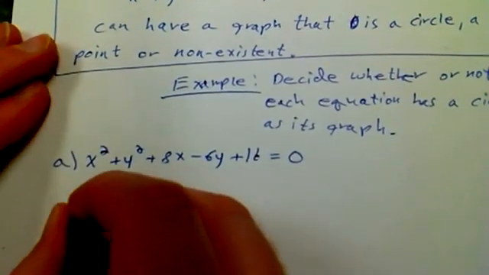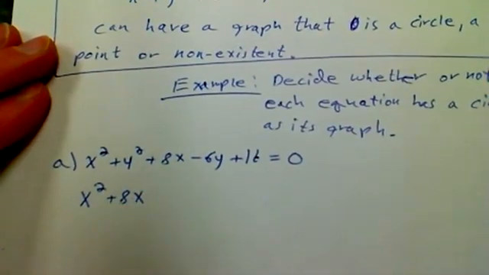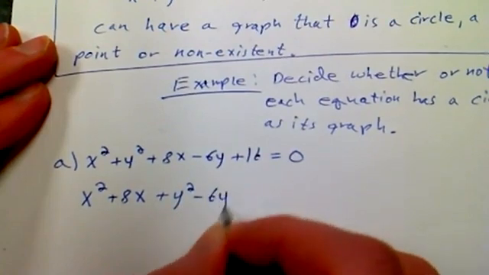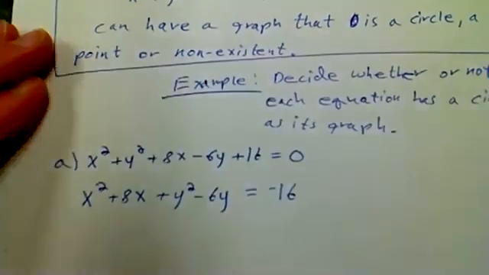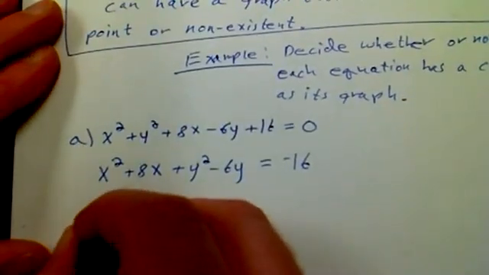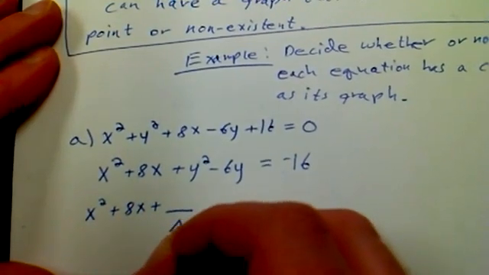So what I'm going to do is group up my x's, and I'm going to group up my y's, and I'm going to move the 16 to the other side. And then I want you to notice that we can complete the square twice.